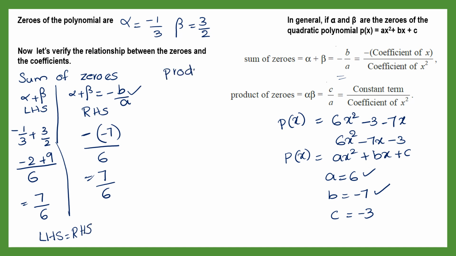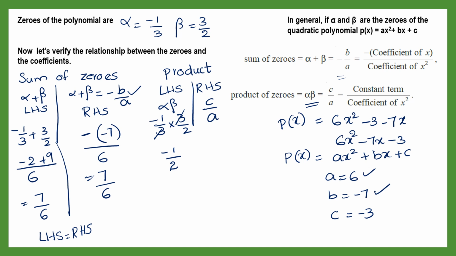Next, the product of zeros. LHS is alpha into beta, that is minus 1 by 3 into 3 by 2. 3 and 3 get cancelled, you got minus 1 by 2. RHS: using the coefficients, you know that alpha into beta is c by a, that is the constant term by the coefficient of x square.